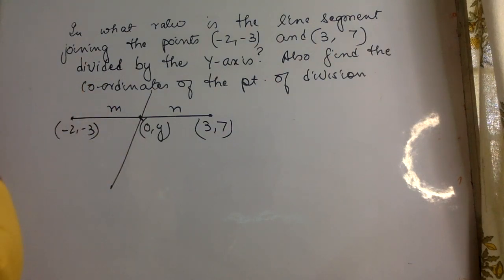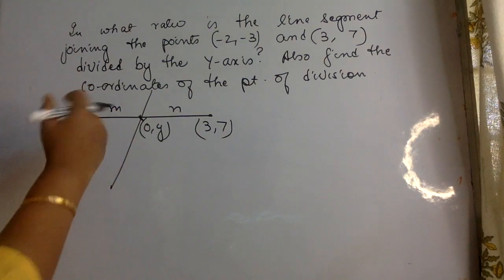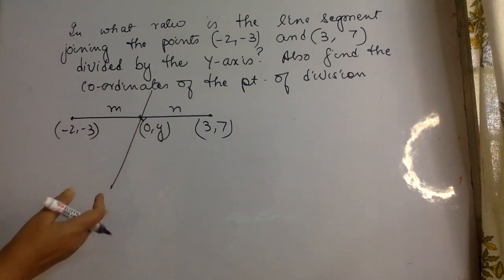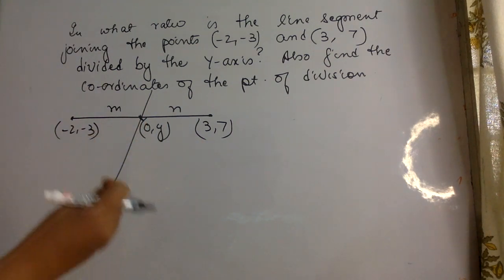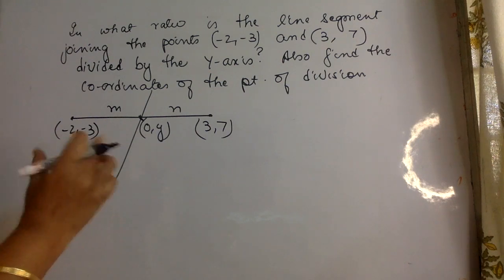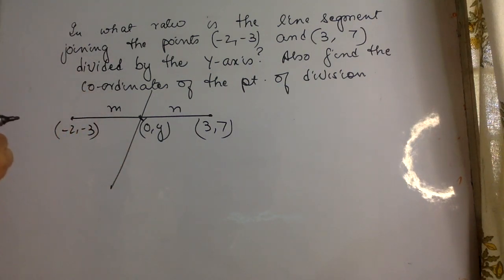Now in this sum, the same sum can also come as: in what ratio is the x-axis cutting it. So what we are going to do here is use the section formula.